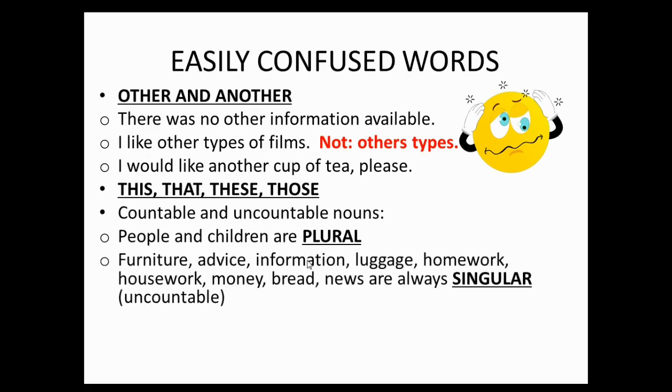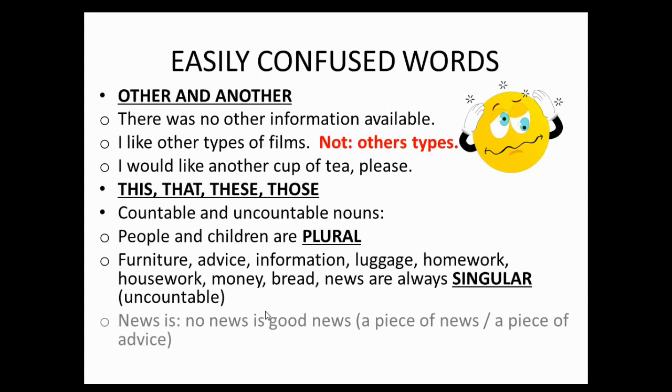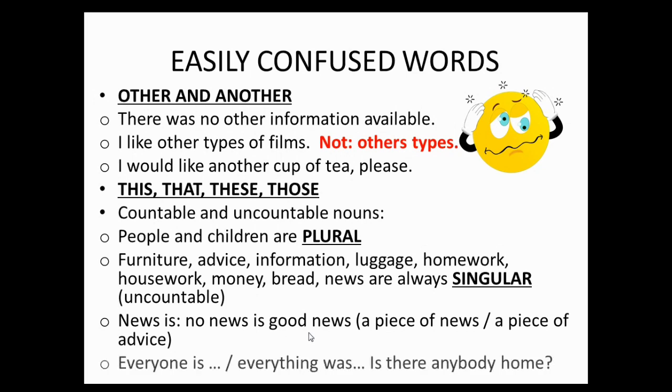Furniture, advice, information, luggage, homework, housework, money, bread, news, on the other hand, are always singular and uncountable. So you don't give someone advices. No, you give them some advice, or you can even say a piece of advice. And then be careful with the word news because it is singular even though it has an S. So we say no news is good news.